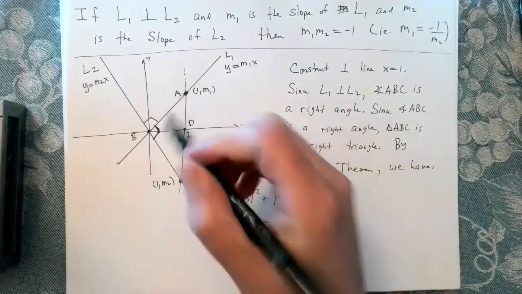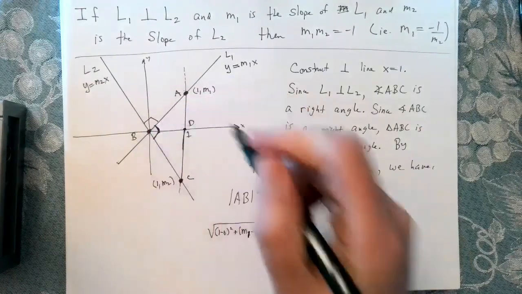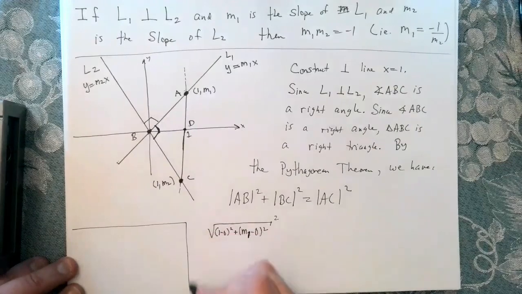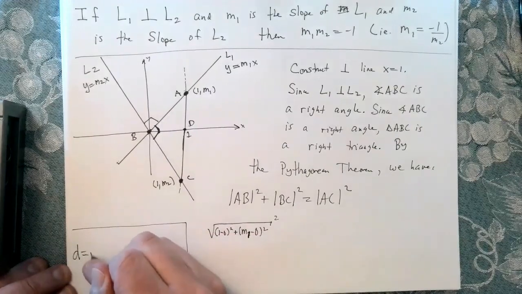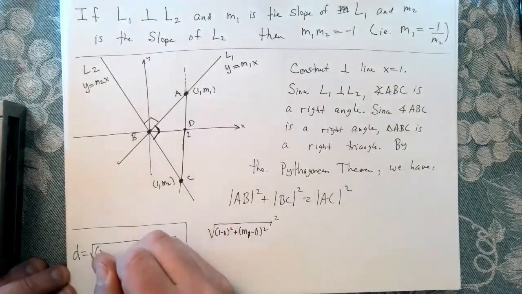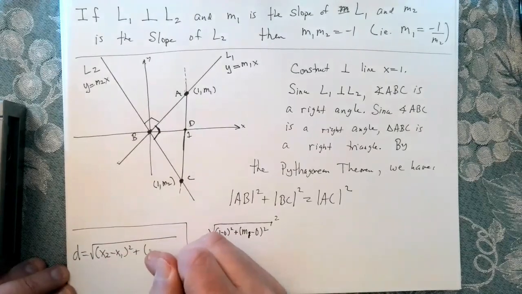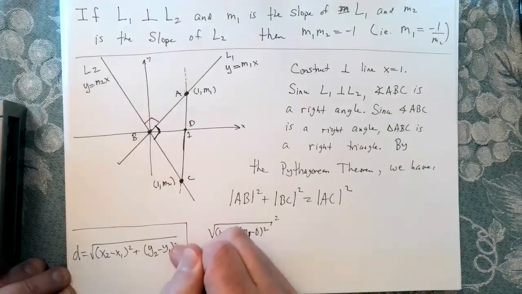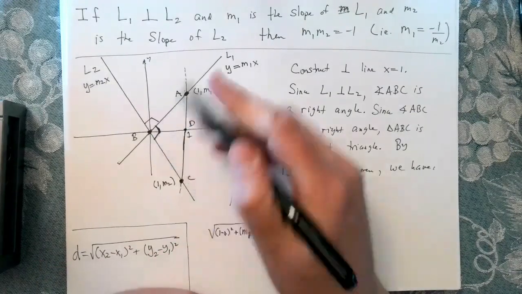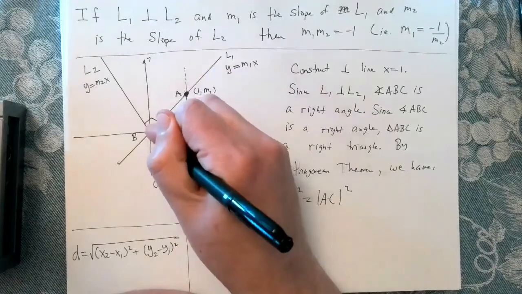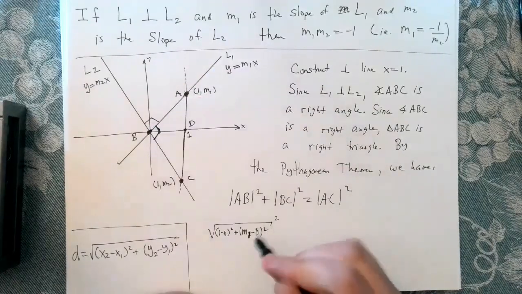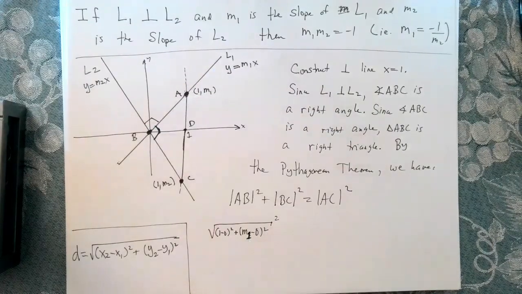Okay, so I'm just using the distance formula on these 2 points. And if you need a reminder, that's fine. Remember that the distance formula is the square root of x2 minus x1 squared plus y2 minus y1 squared. So for the length of this, I'm using this point and the origin.